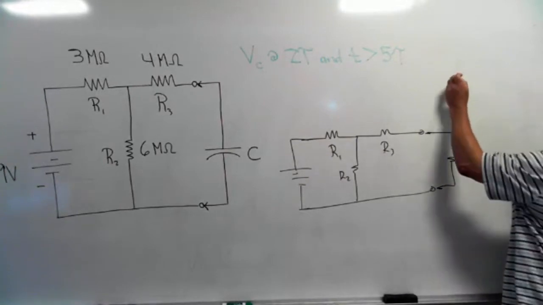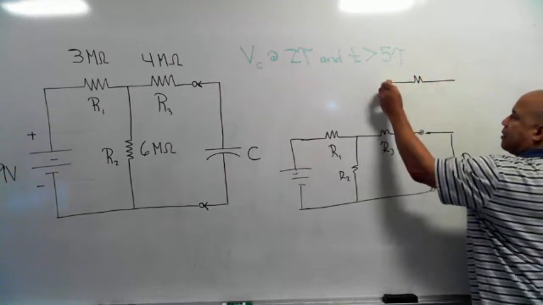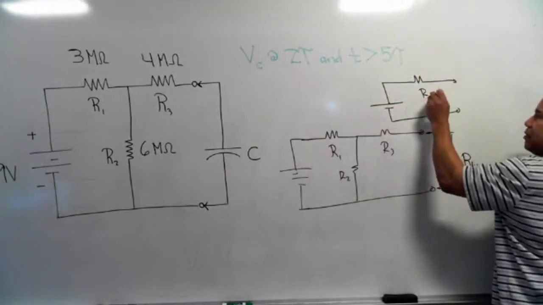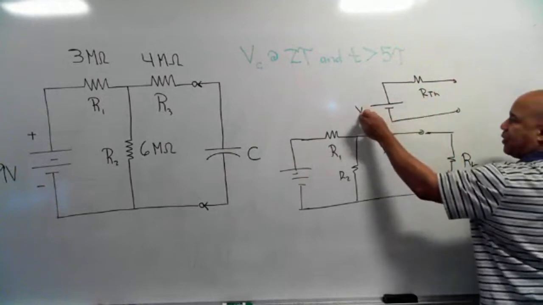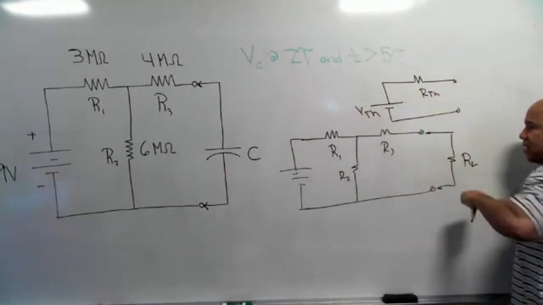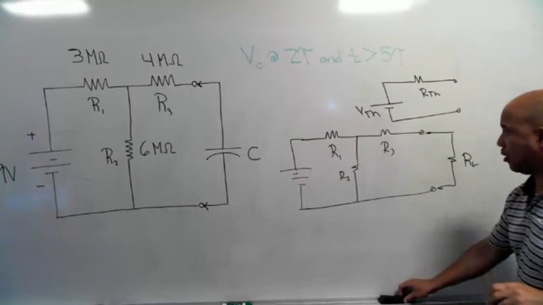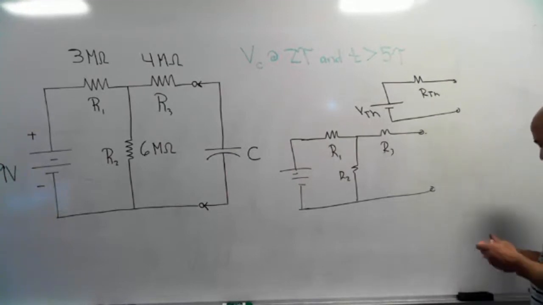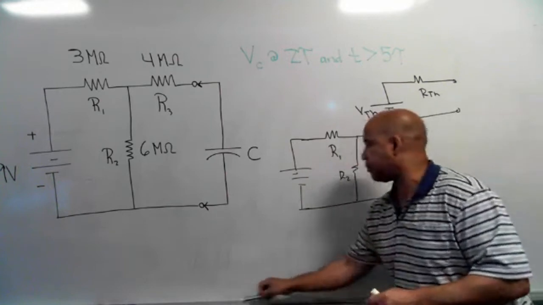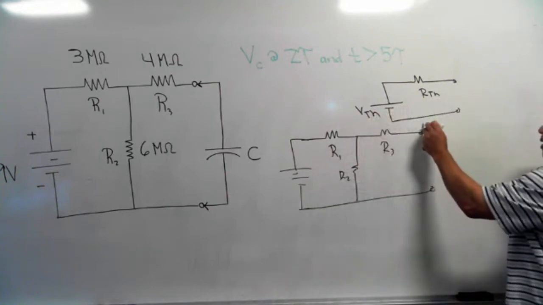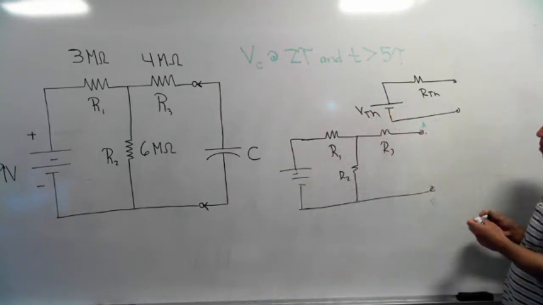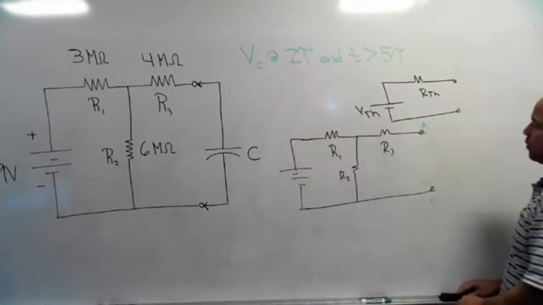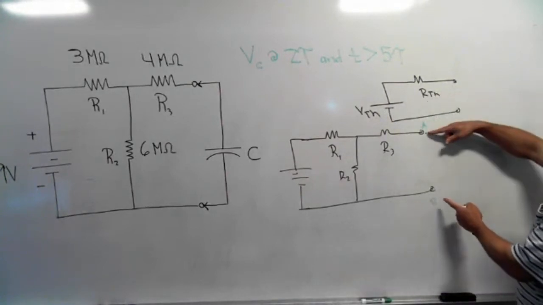A Thevenin circuit has two components: a resistance RTH and a voltage source VTH. To Thevenize this circuit, you would remove the load and mark the terminals A and B. To get the voltage, you would put your voltmeter here.